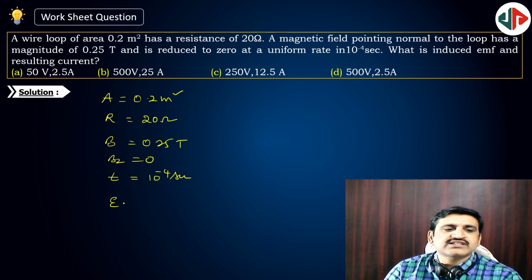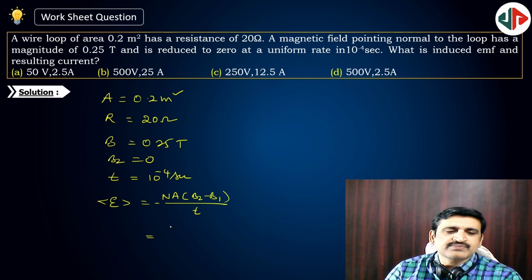EMF induced: in this type of situation, average EMF will come. Average EMF is equal to N A (B2 minus B1) by time, with a negative sign. Here only magnitude is considered, so no issue. N, number of turns, is only one, a wire loop.